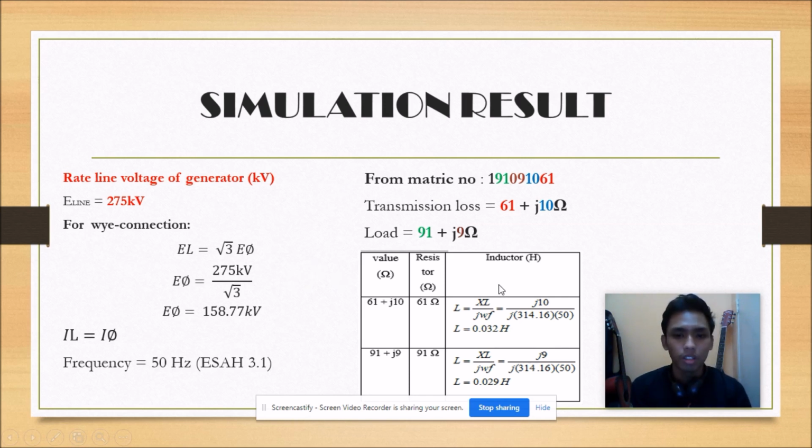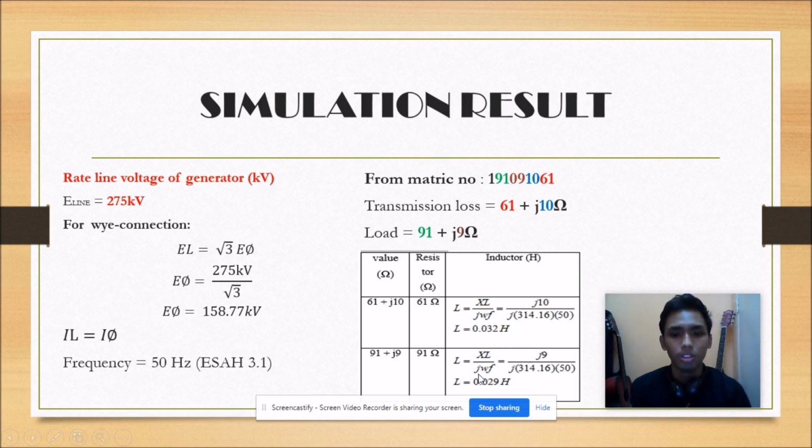For transmission loss, 61 is just picked up as the resistor value, and for the inductor we calculate using this formula, and I got 0.032 Henry. For load, just pick up 91 for the resistor value, and then I calculated and got 0.029 Henry for the load inductor.